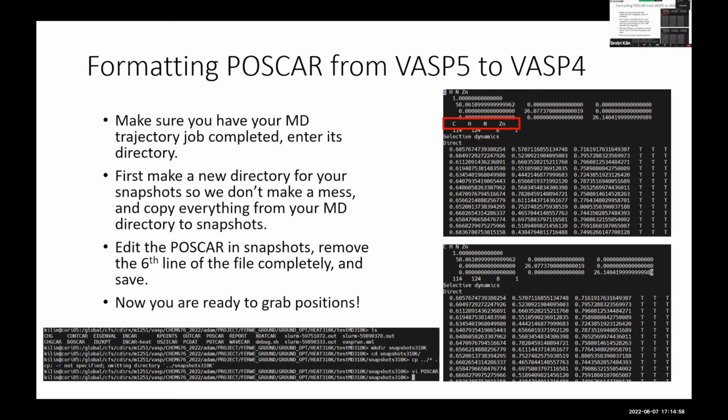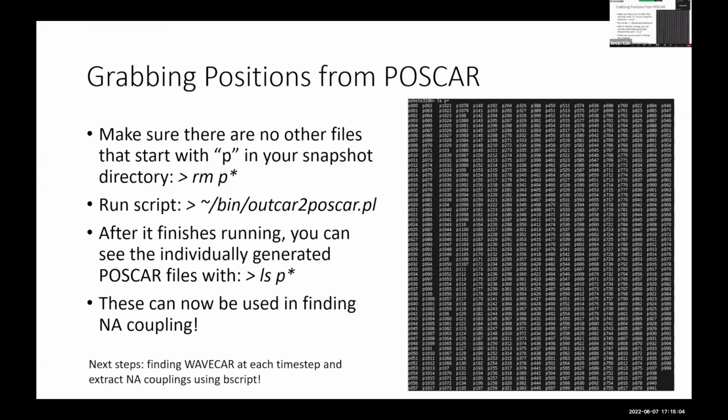Additionally, as David asked me, you don't always get what you want when you run MD. You don't always get every single time step that you specified. Sometimes you get more, sometimes you get less. Here I specified 1,000 time steps.